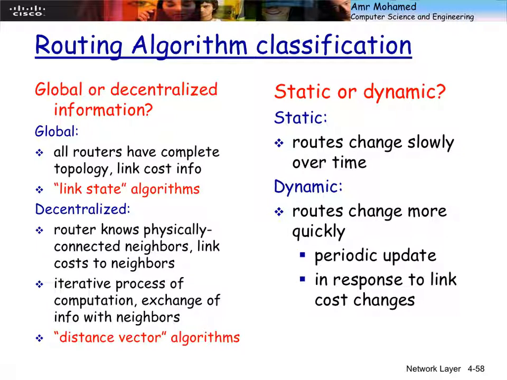The problem with decentralized is that if you have a local view, how can this local view get you the optimal end-to-end cost? You don't know, right? So decentralized is better only if it gets you the optimal path.